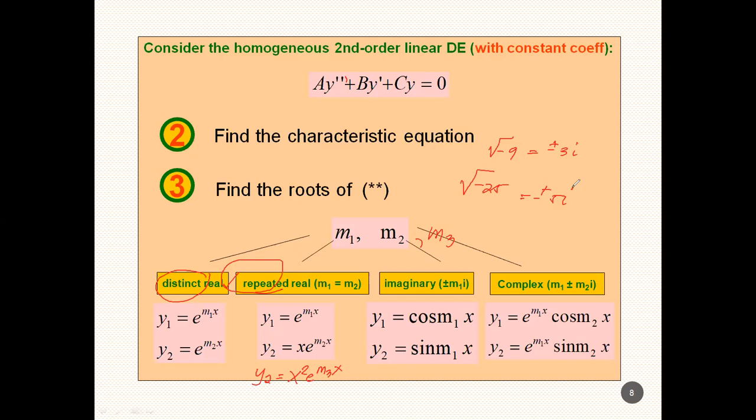If the roots are imaginary, you will no longer use the exponential function, but you will use the pair of the cosine and the sine. If you have this plus minus 5i as your imaginary root, for example, your general solution would be c sub 1 cosine of 5x plus c sub 2 sine of 5x.